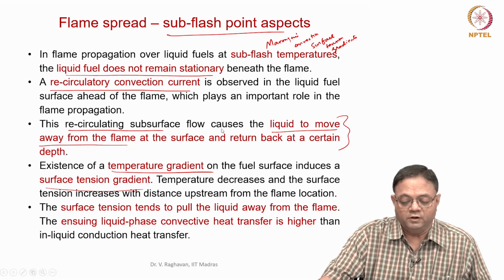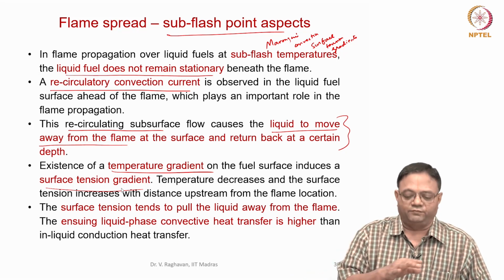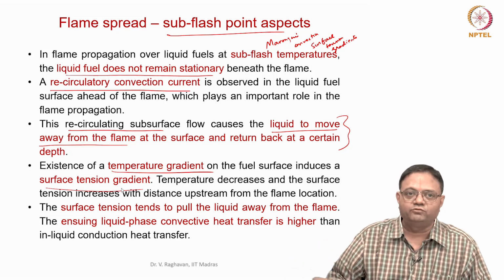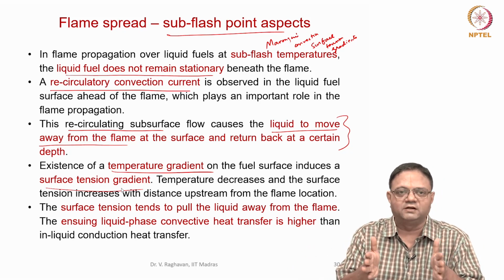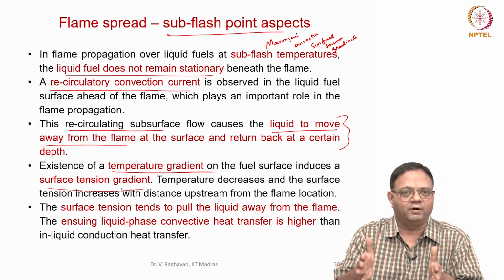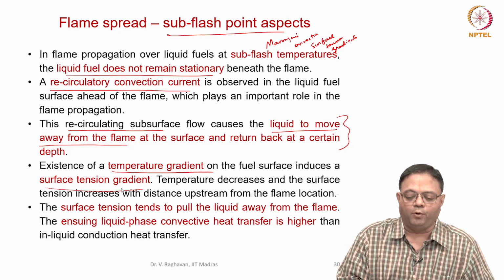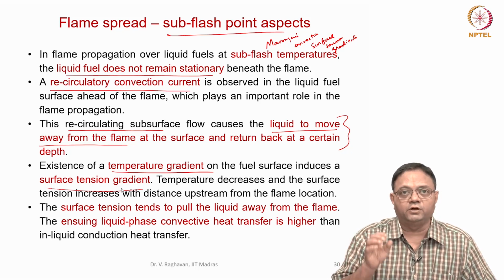So, a recirculatory convection current is observed because of this. The temperature gradient and surface tension gradient cause the surface to move, and it completes the loop at a particular distance. We can say that as the flame spreads, there is a certain distance between the edge of the flame and the surface movement. This is another important point which you should note, and flame spread depends very importantly upon initial temperature.